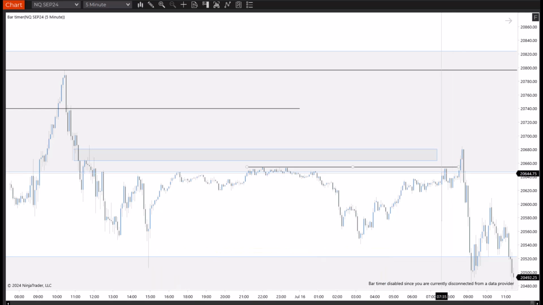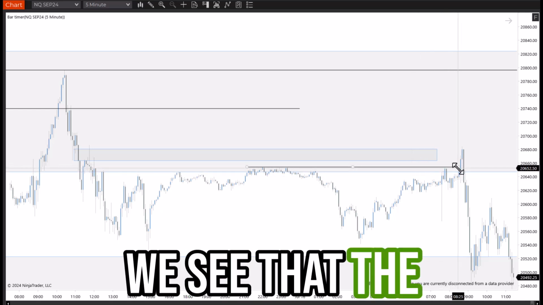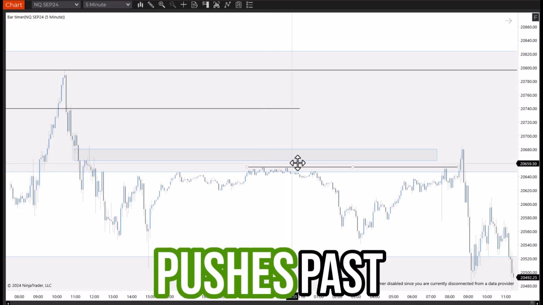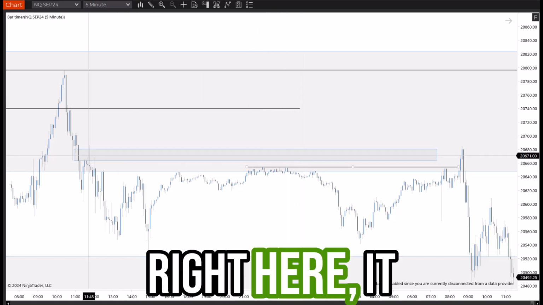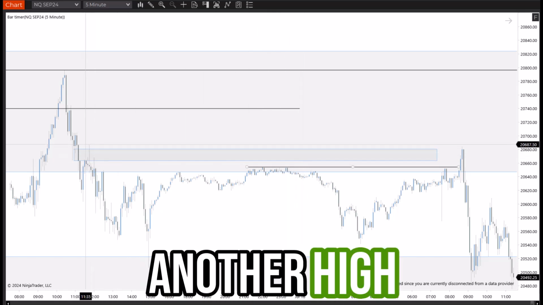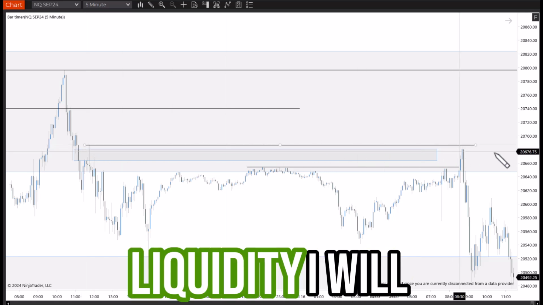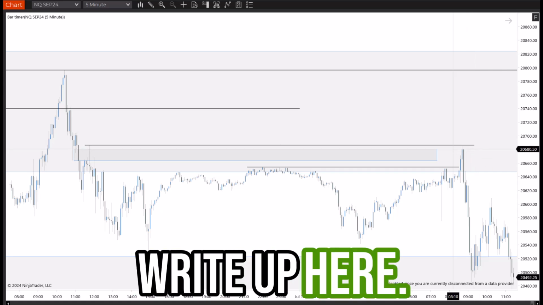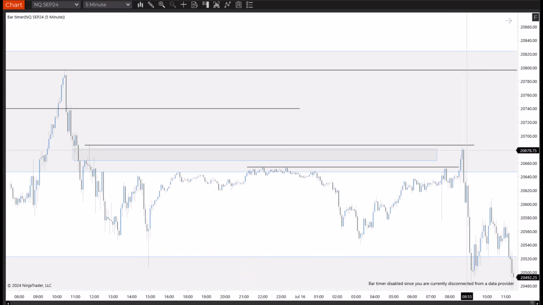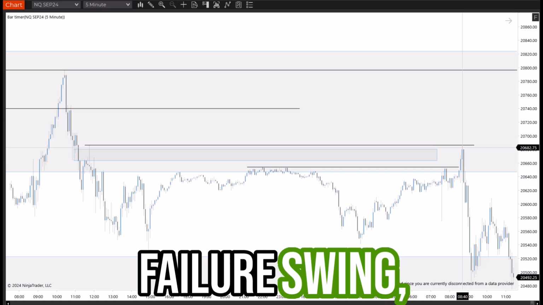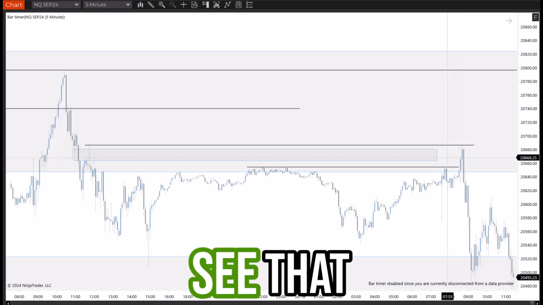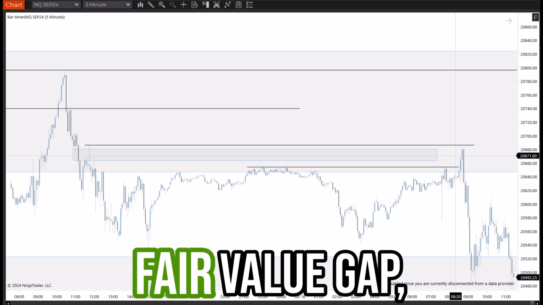We see that the market pushes past these highs right here. It pushes past another high that we see over here, and it aims for this most recent liquidity high pool right up here. Now, unfortunately, it becomes a failure swing, right? But we see that we are in this fair value gap, this 5-minute fair value gap.